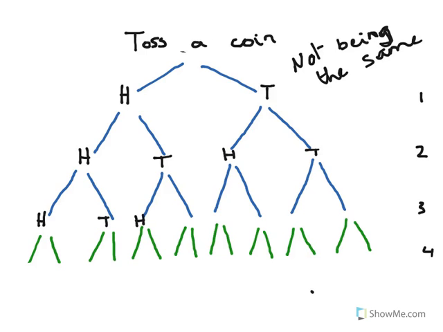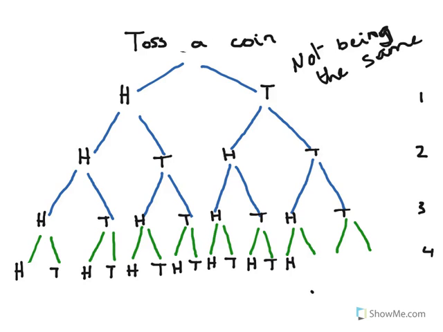And if you write them in the same structured way, where you keep the same format every time, if I'm starting to write heads first, I continue to write heads first. It makes it really easy to follow your tree diagram later. So heads, tails, heads, tails, heads, tails, heads, tails, all the way through, every single time that we write it.